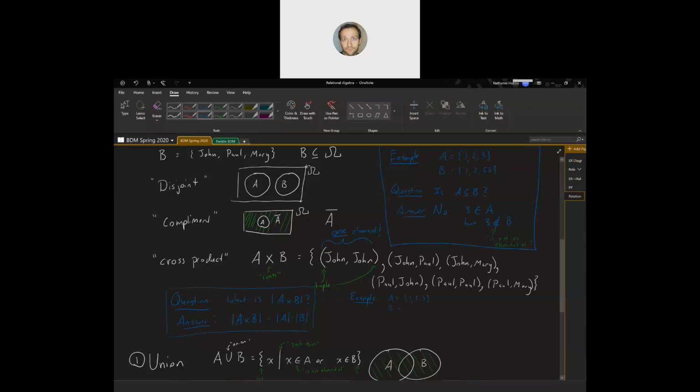B is 3 and 4. Try to make that a bit clearer, so it's a little bit more clear.